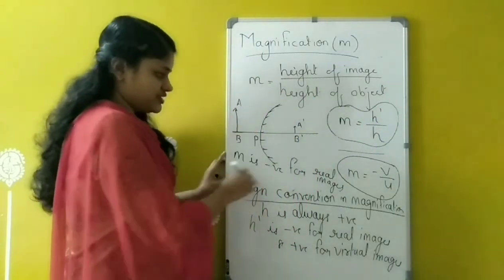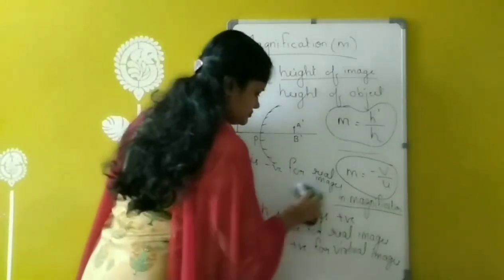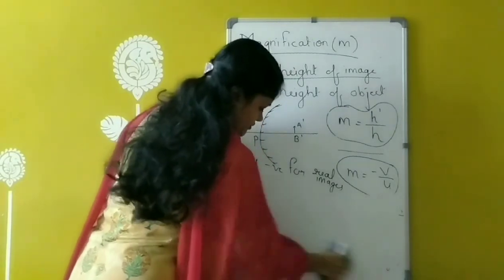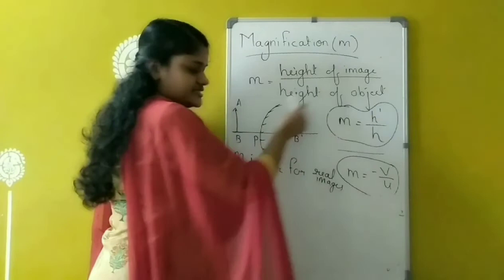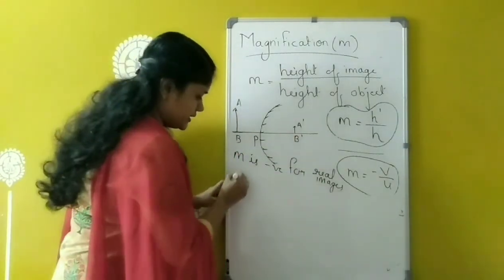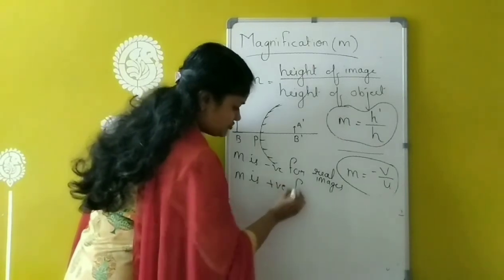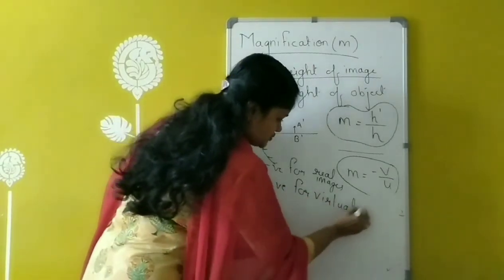But what about magnification for virtual images? For virtual images, h is positive as well as h dash. So m is positive for virtual images.